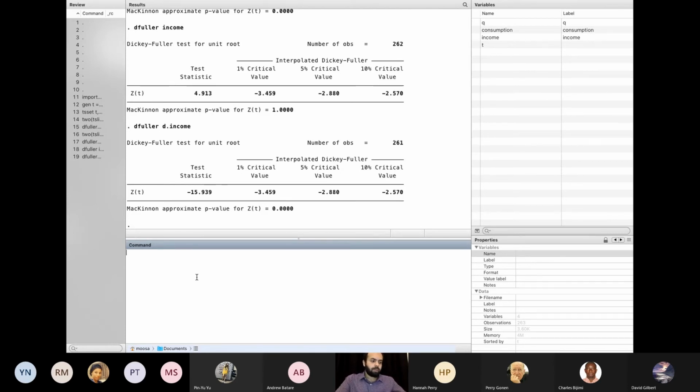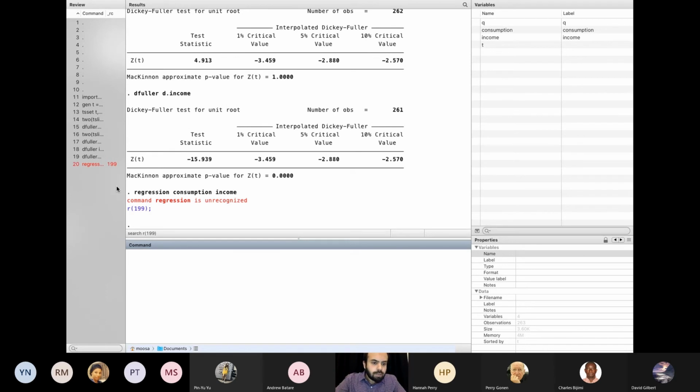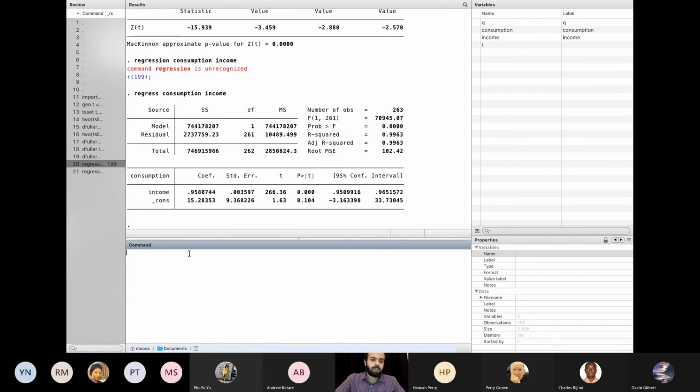What we'll do now is conduct a simple regression where we try to model consumption, and we try to explain consumption by the values of income. Oh, we need to use regress as a command, all right.